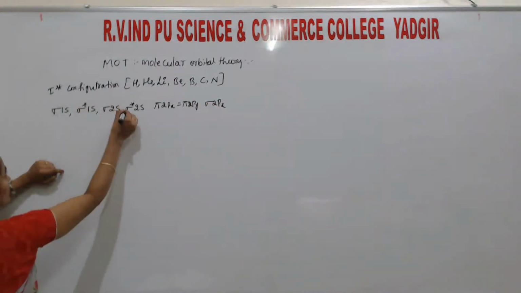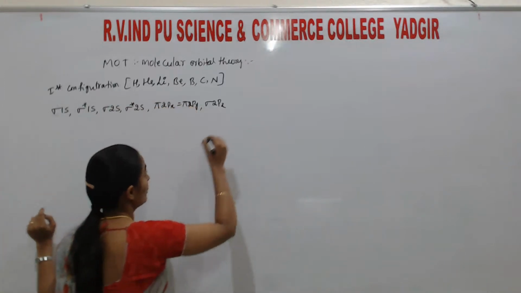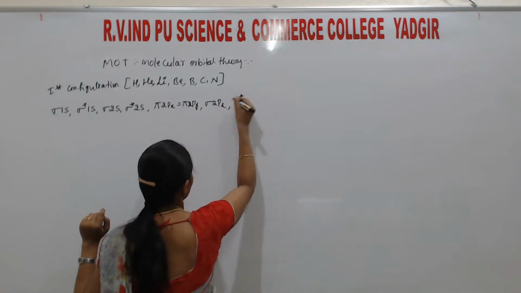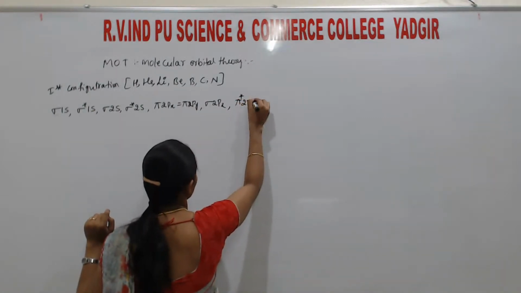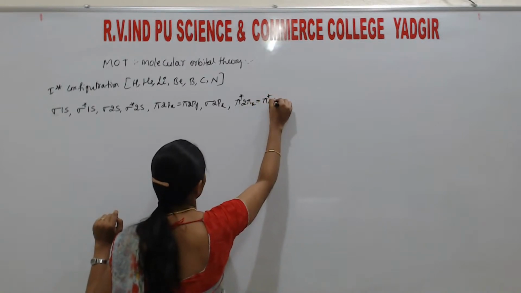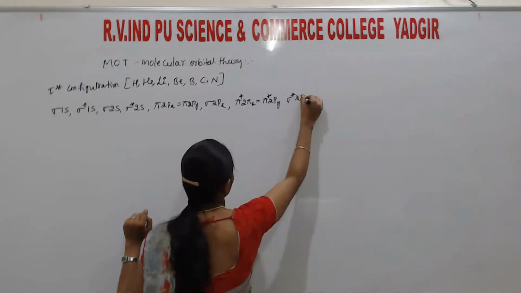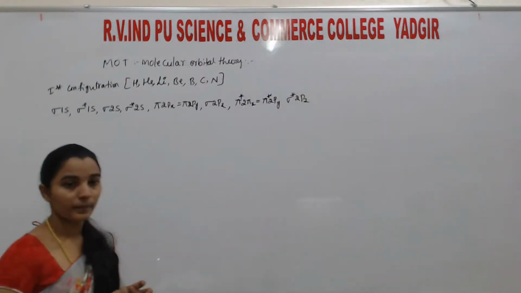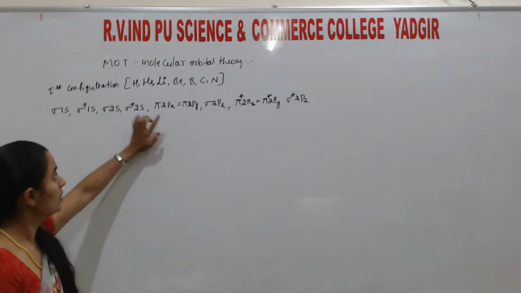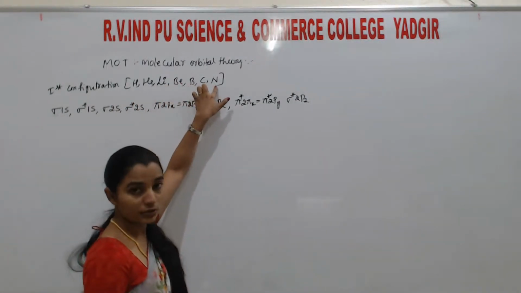After that, you write commas here. Next, pi star 2px, pi star 2py, sigma star 2pz. This is the configuration for hydrogen through nitrogen.